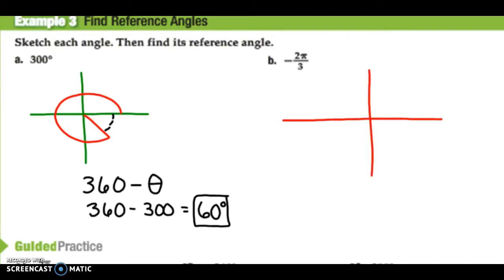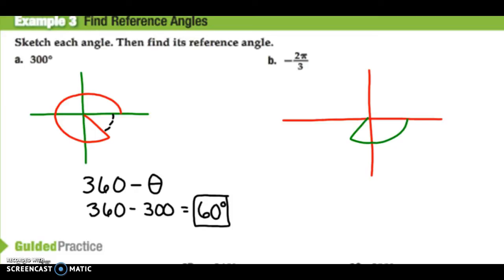Let's look at letter B. Negative 2 pi over 3. Well, okay, this is negative pi over 2, and then negative 2 pi over 3 is going to be about right there. Okay, so notice it said in it that we couldn't use negative angles.